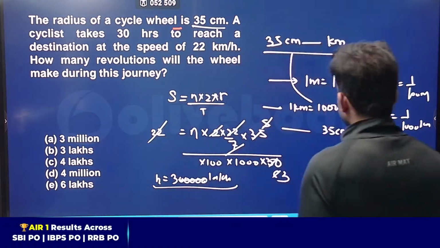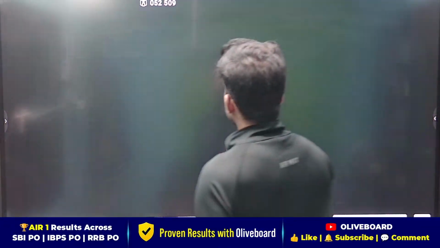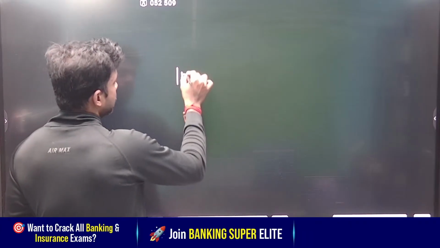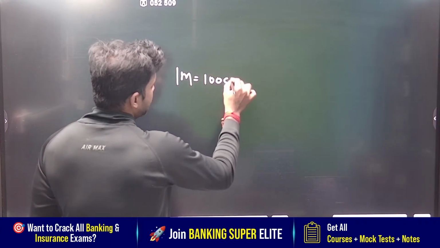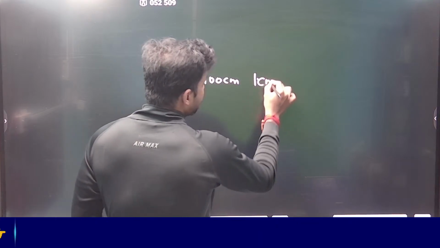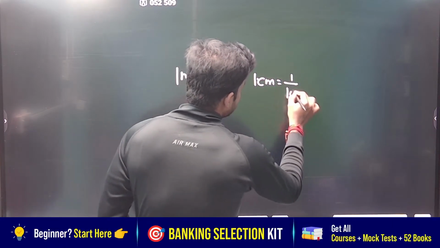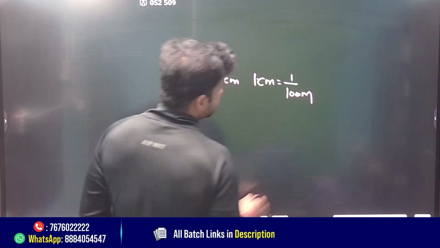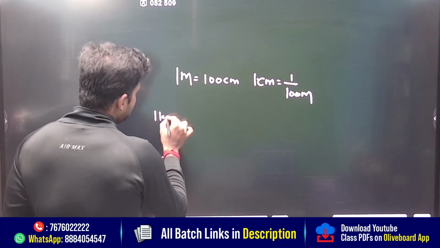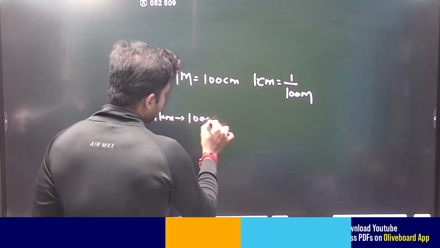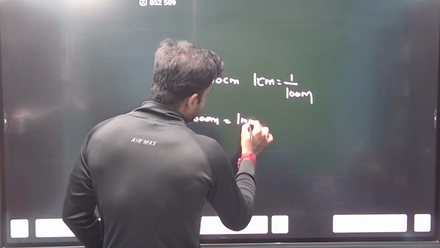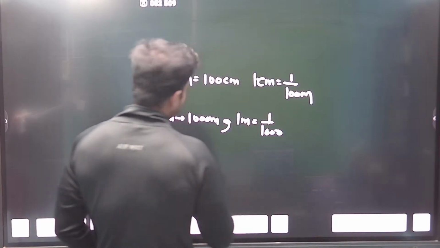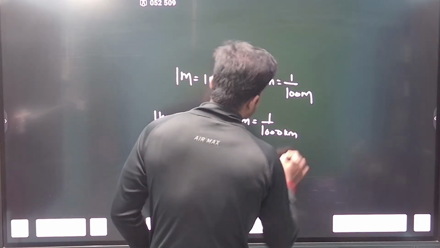This is very important. Again, I am showing you what I did. See guys, try to learn one thing. 1 meter is equal to 100 centimeter, so 1 centimeter would be equal to 1 upon 100 meter. Is it right? 1 kilometer is equal to 1000 meter, so 1 meter is equal to 1 upon 1000 kilometer.